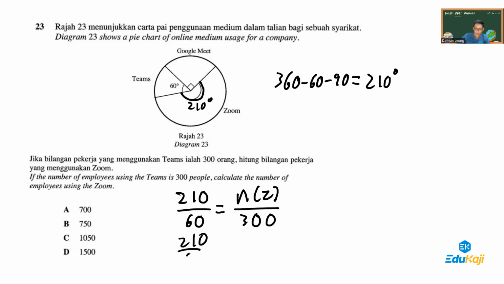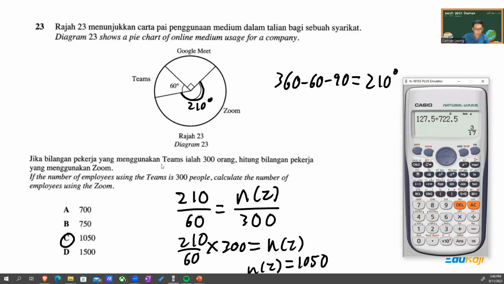So to find number of people using Zoom, I can just bring over 300 times 210 over 60. Okay, ratio of the angle is same as ratio of the number of people. So number of people using Zoom is 1050.